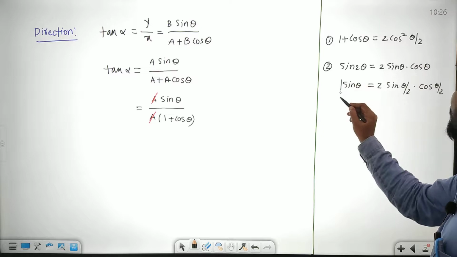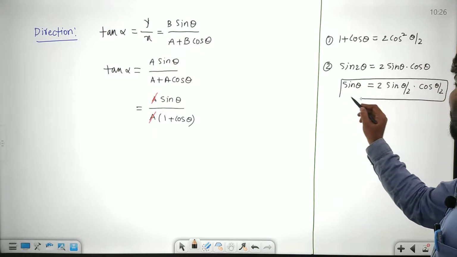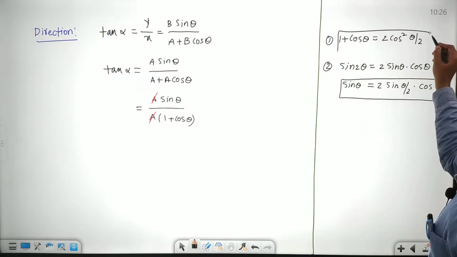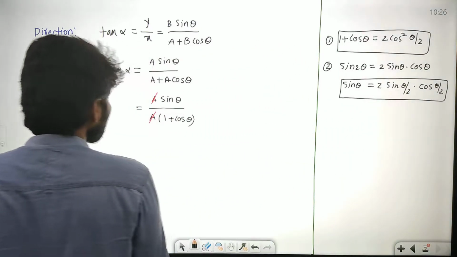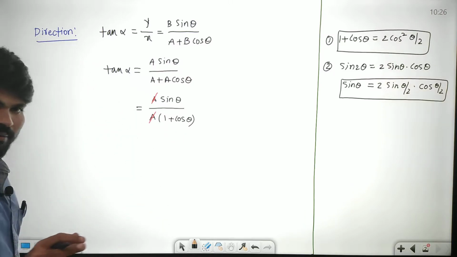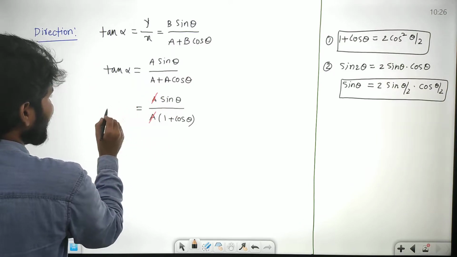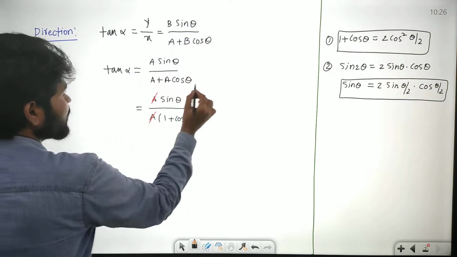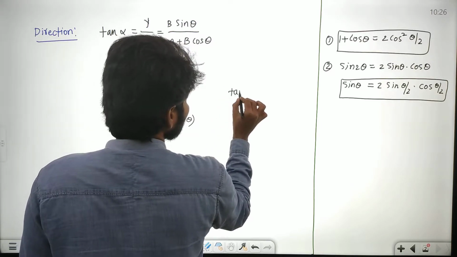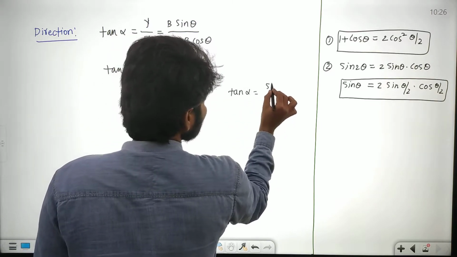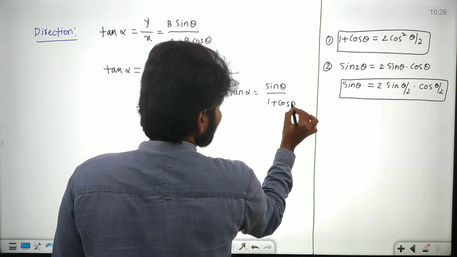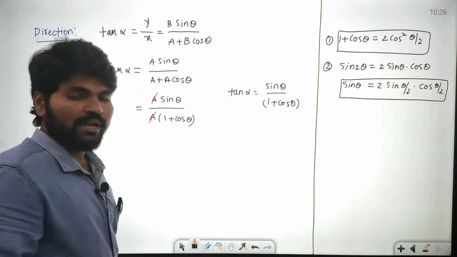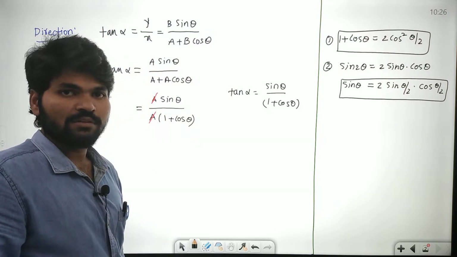Now I substitute these values in this equation. I already told this answer is okay. This answer: tan alpha is equal to sin theta by 1 plus cos theta. This is an okay answer, not a perfect answer.